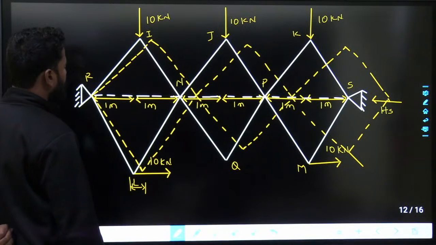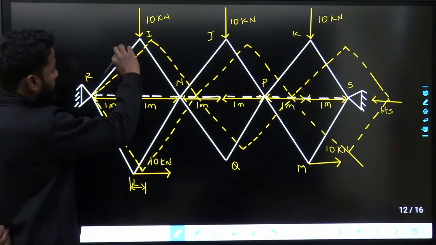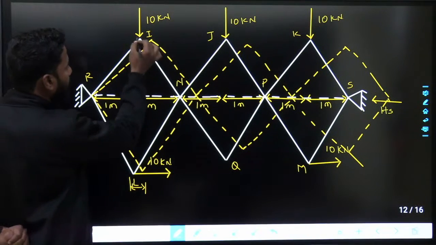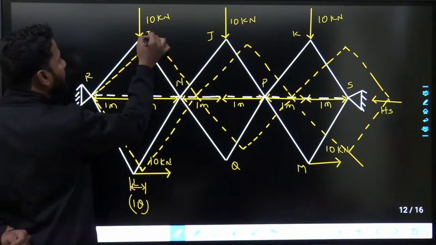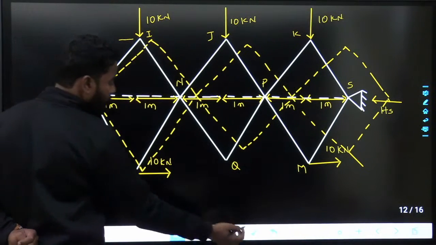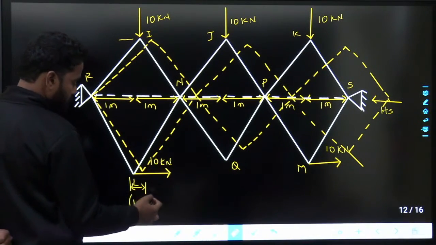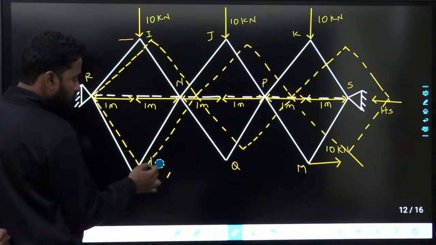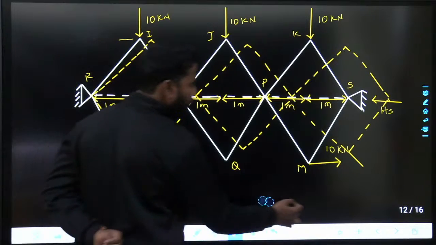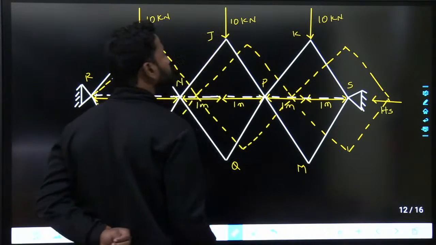If you are displacing a member by theta and this is 1 meter, the horizontal displacement, can I write it as 1 times theta? I'll remove the loads, don't worry about the loads, I'll draw them at the ends so that it will not be clumsy.